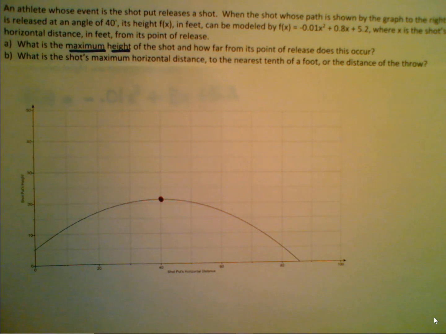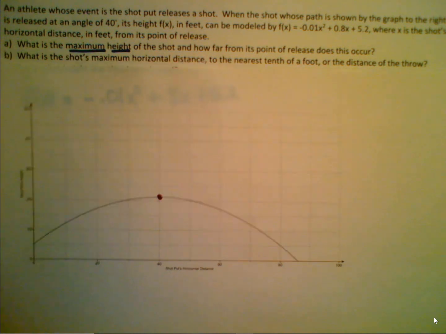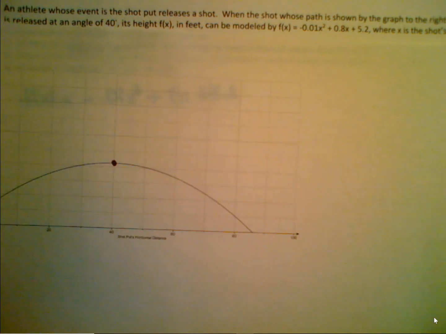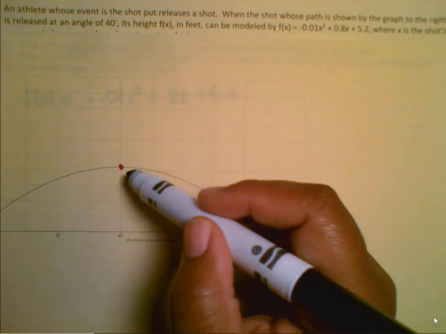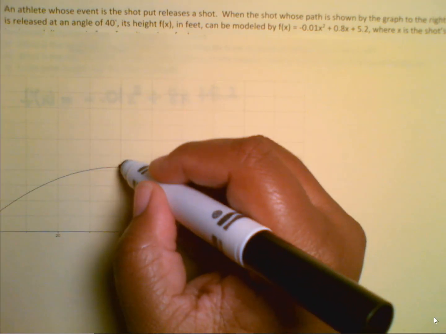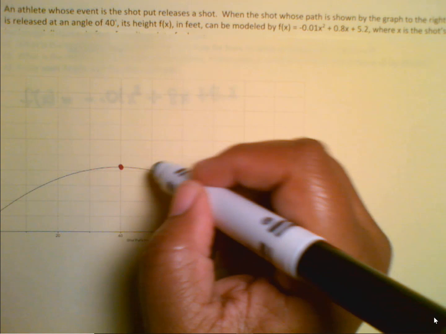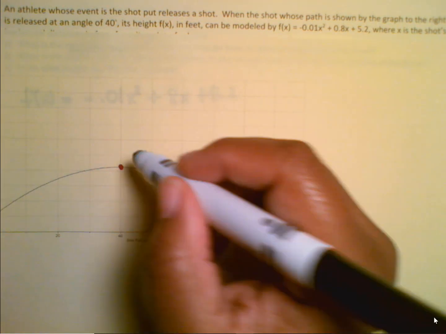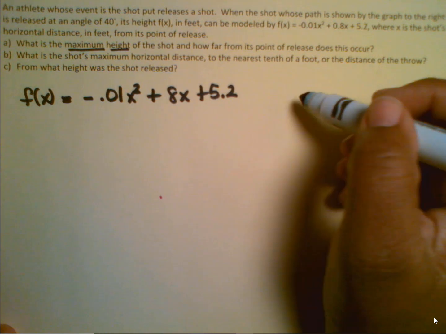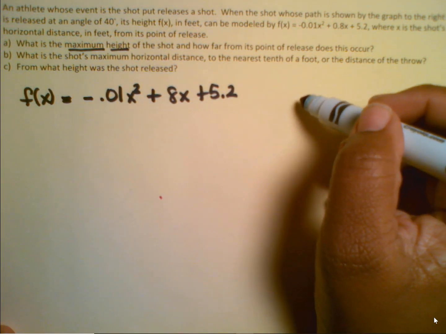Okay, so let's take this equation and notice that since we want to find the maximum height, then we want to find the ordered pair. That's what we're looking for. So what would be the ordered pair? Now remember, we use the vertex to find the maximum height, or the minimum.